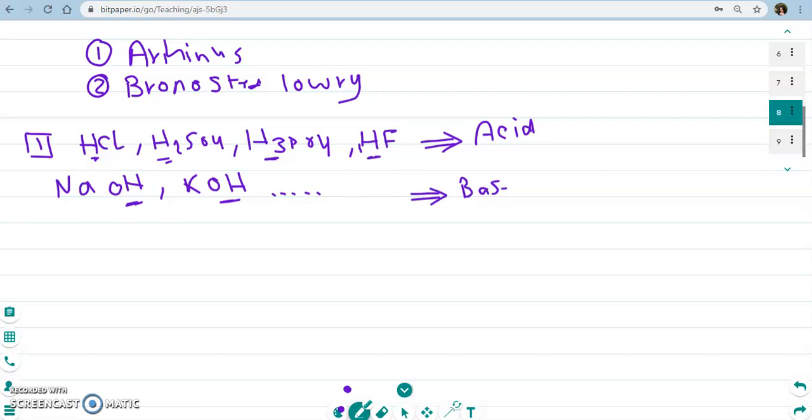That's it. So this is basically the Arrhenius theory. Whenever you have an H in the molecule, you have an acid. Whenever you have an OH in the molecule, then you have a base.